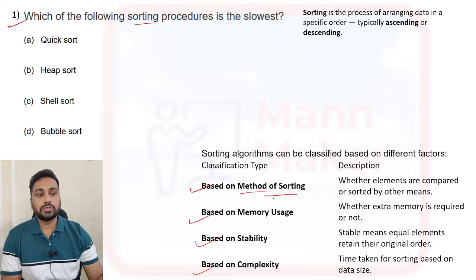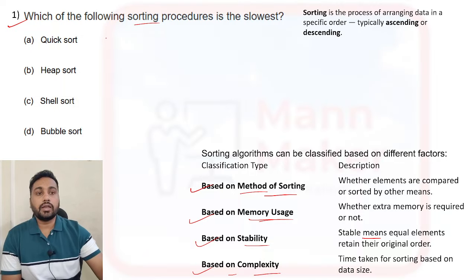Memory usage means whether extra memory is required or not. Stability means equal elements retain their original order. Complexity is the time taken for sorting based on data size.